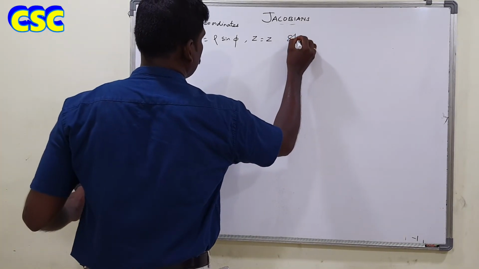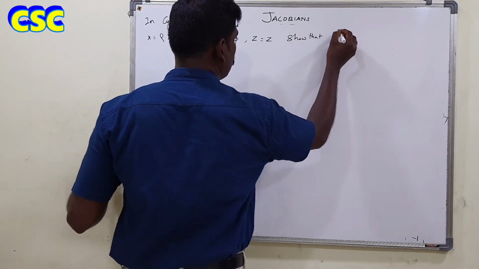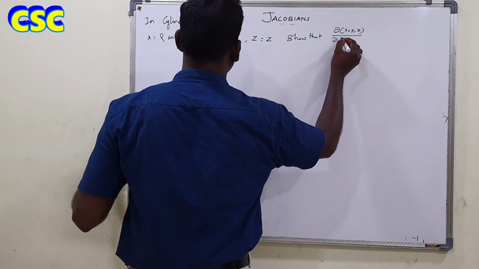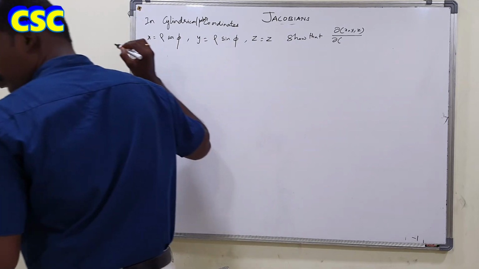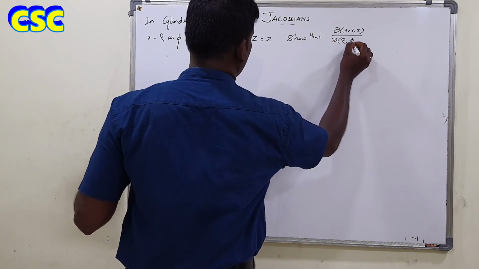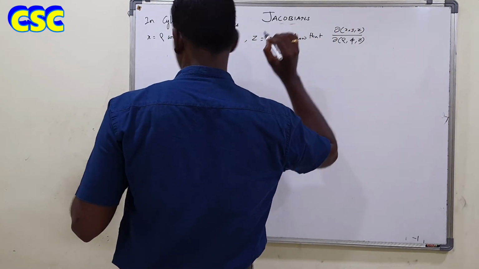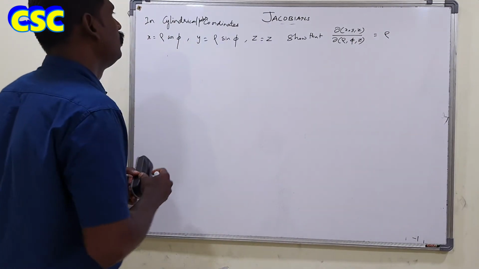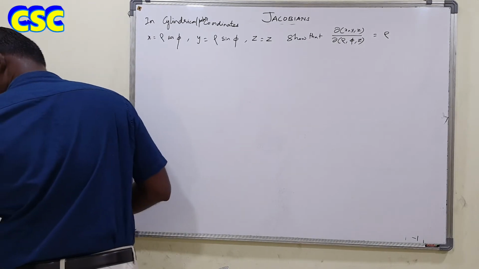Show that the Jacobian, sorry, partial derivative of x, y, z with respect to rho, phi, z is rho. Right? We need to prove this as rho. Solution.